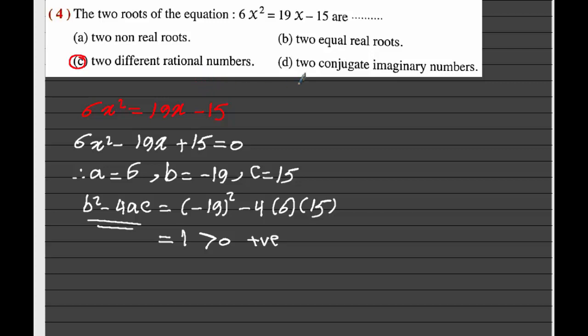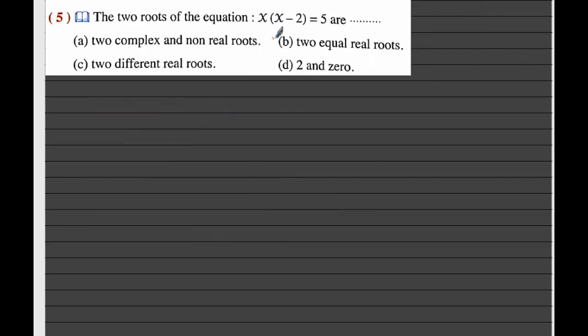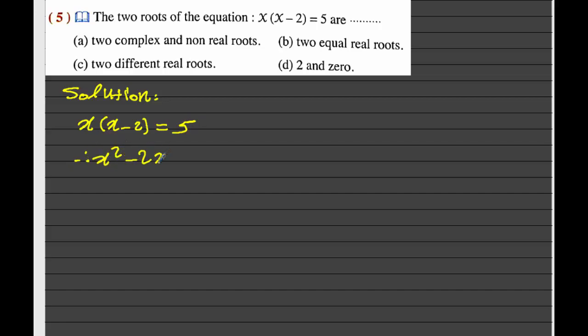Okay, question number 5. We have x multiply x minus 2 equals 5. Solution: we have x multiply x minus 2 equals 5. That means x power 2 minus 2x equals 5.